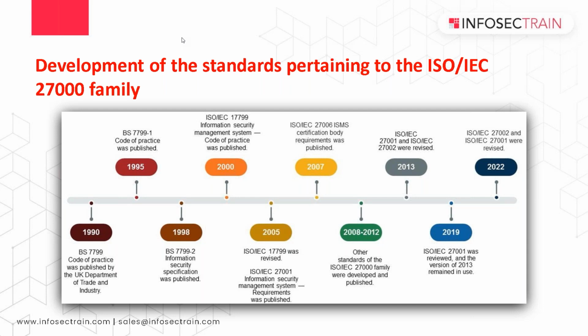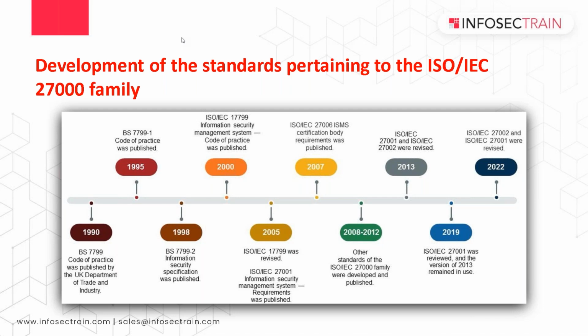Now under the standard, the requirements given by the ISMS are in the form of clauses, specifically from clause 4 to clause 10. Whenever we say a requirement, we use the verb 'shall', which means mandatory.